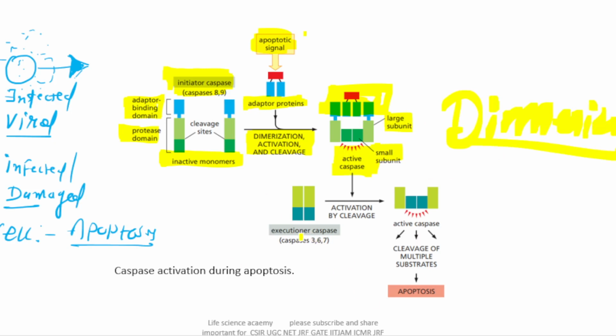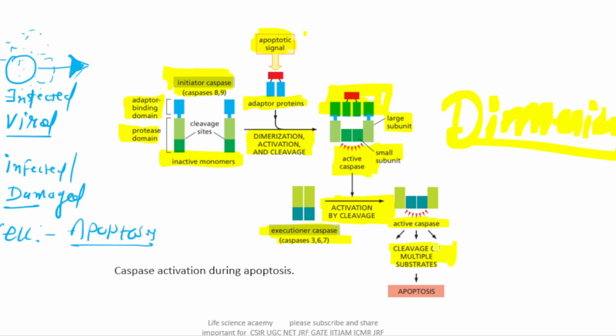So when the caspase is active, it triggers the executioner caspases, which are caspase 3, 6, 7, by activation through cleavage. So cleavage is happening via the initiator caspases to activate the executioner caspases. Active caspase leads to cleavage of multiple substrates.